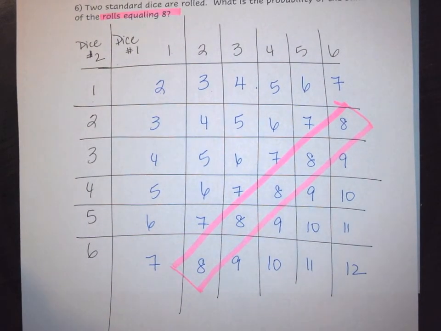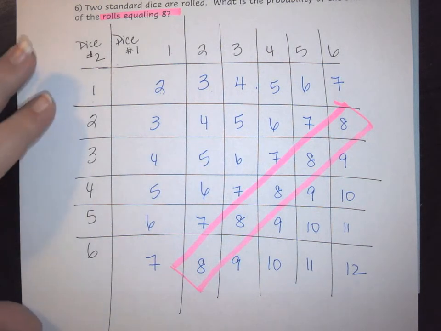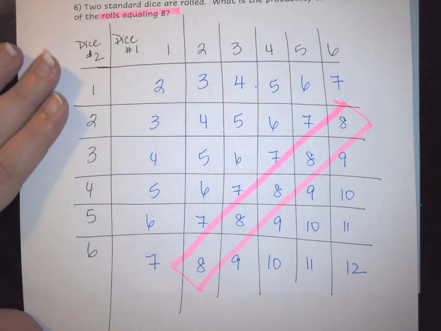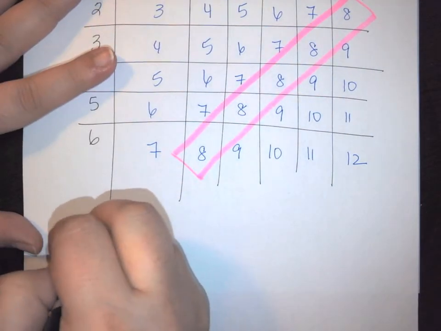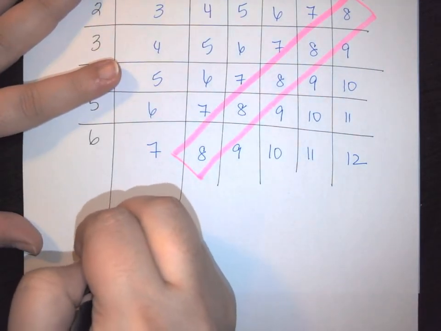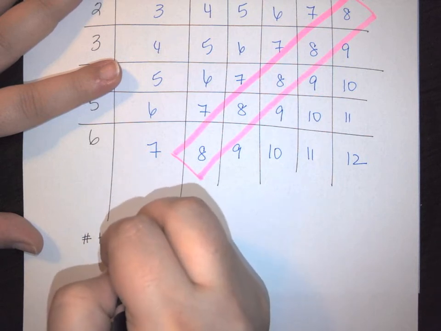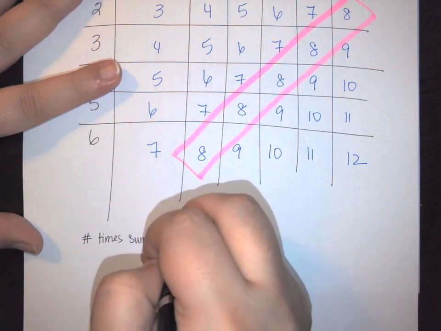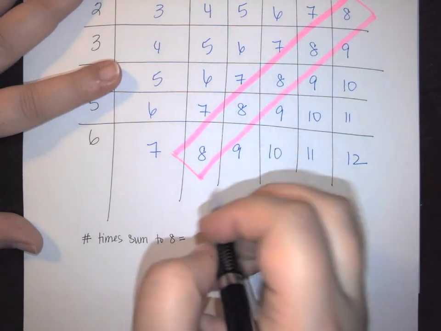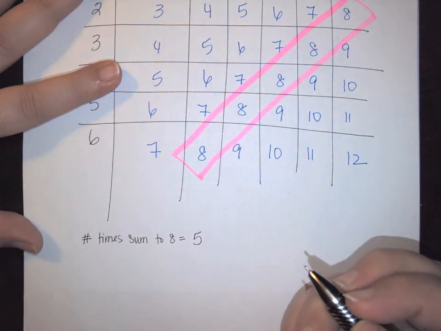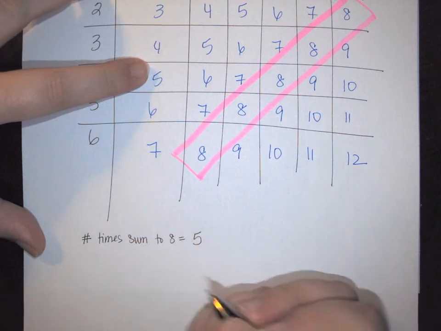Okay. So here we are looking at my number of combinations. The number of times that you sum to 8 gives me 1, 2, 3, 4, 5 times. And then we have to look at your dice.